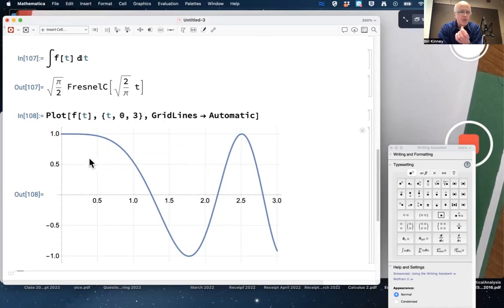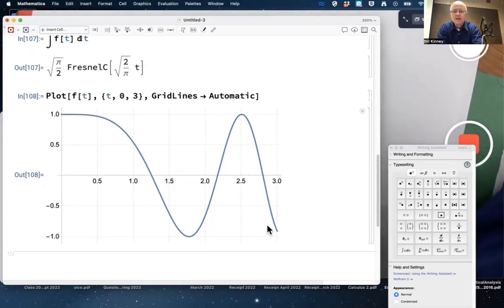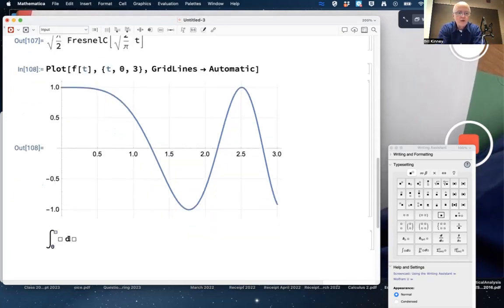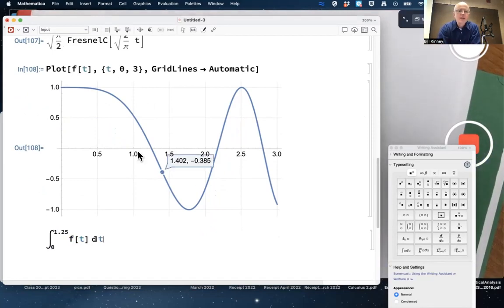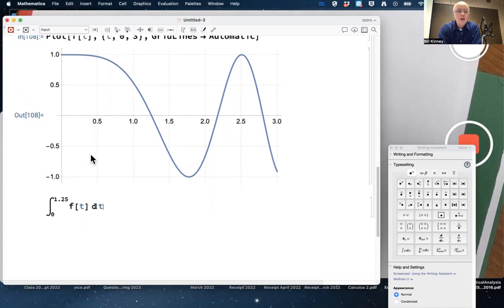There's in the ballpark of what? 4.5 or 4 boxes when t goes between 0 and 1.25 or so. So the integral from 0 to 1.25 or so should be approximately 4 times the area of each box, 0.25. 4 times 0.25 is 1. Should be close to 1.